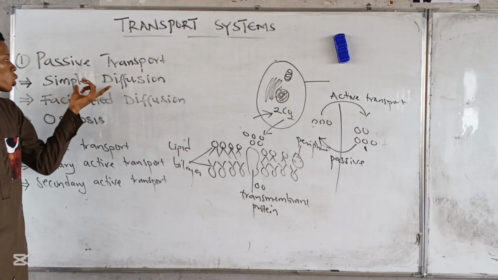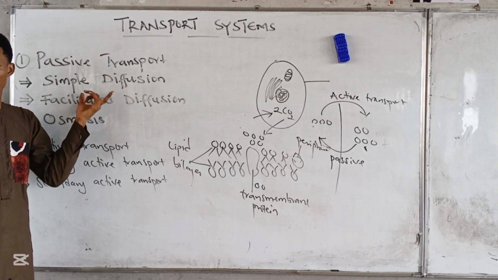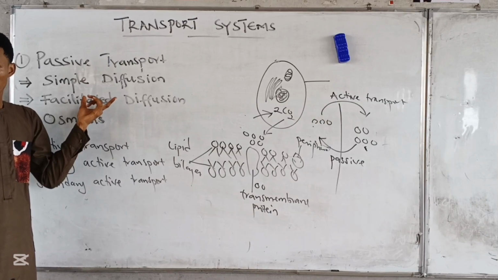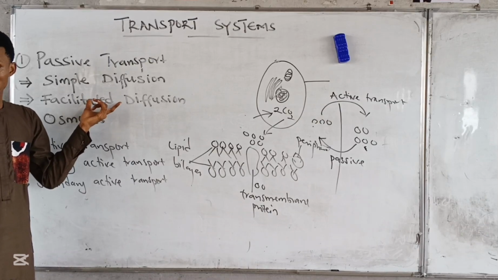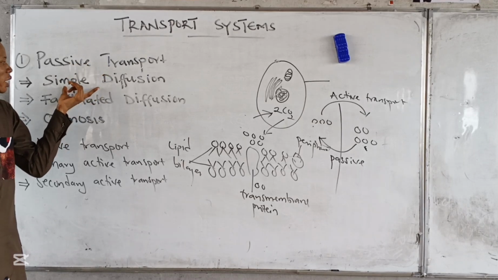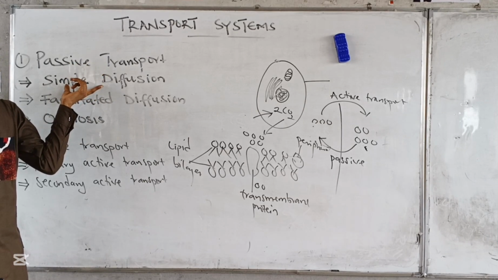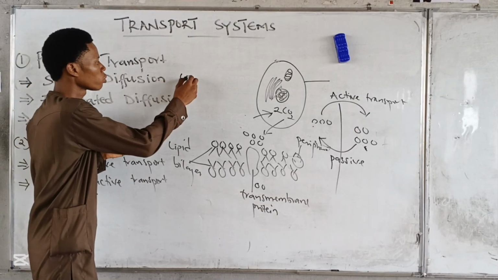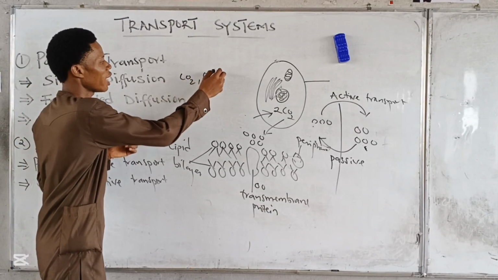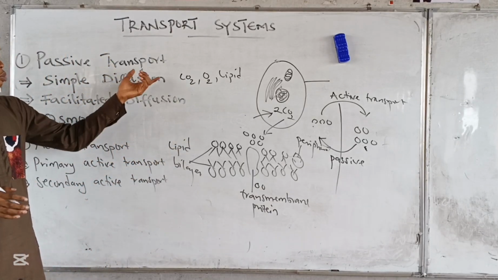So do we know the difference between simple diffusion and facilitated diffusion now? Among the 2 of them, which one is using energy? No one, right? Energy is not utilized. Remember, it's under passive transport. But the fact is that simple diffusion transports small molecules like CO2, like oxygen, like lipids.